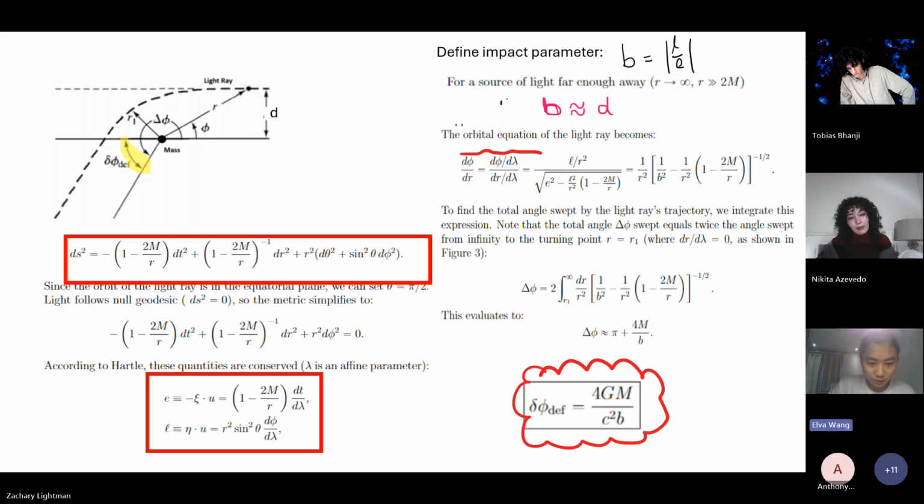Then it's just a bunch of algebra, which I'm not going to talk about in detail, but we arrive at the formula. The deflection angle is equal to 4GM over c squared b, with b being the impact parameter, but we can show that for a large distance, if the light is far enough away, b approximates to d. So it's the distance between the light source and the mass.